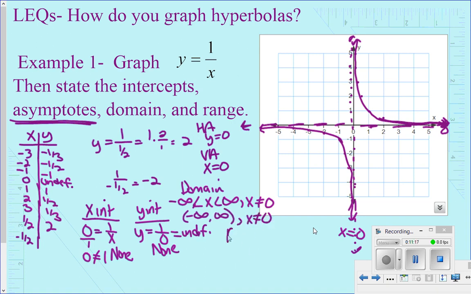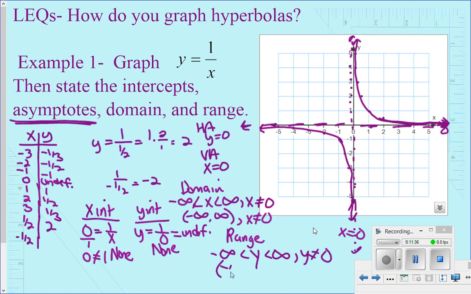The range, same idea. So there's a break in the graph because of that horizontal asymptote at y equals 0. So when I write the range, this is a y, I just put comma, y can't equal 0.